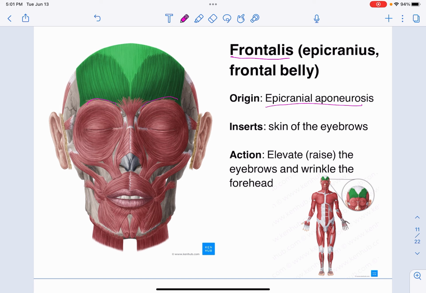And what this does is it raises the eyebrows and wrinkles the forehead. And they kind of work in unison. If you try to work this muscle and at the same time feel the back of your head, you can sometimes feel that the occipitalis is engaged as well.